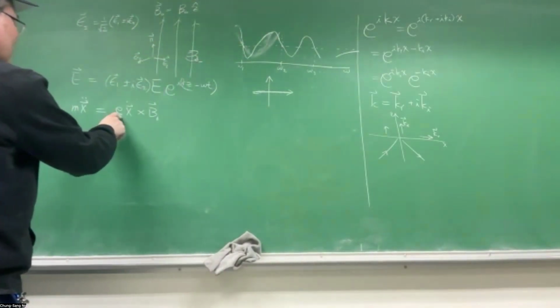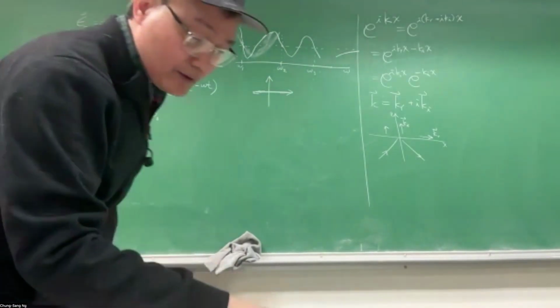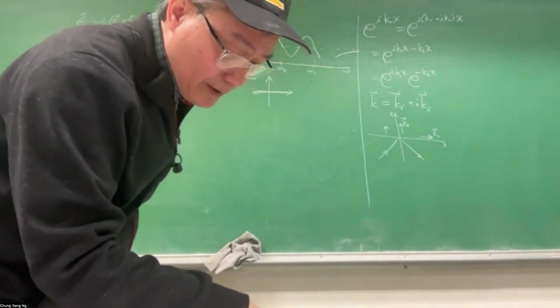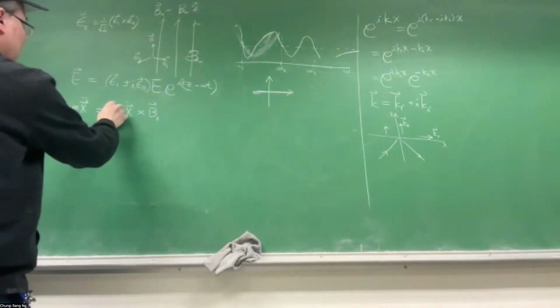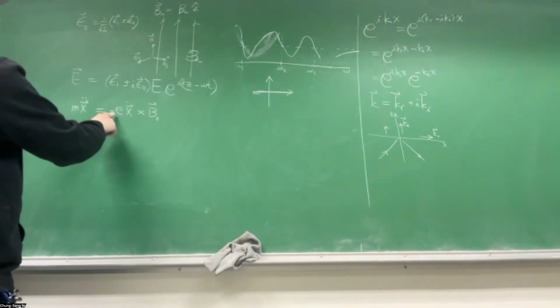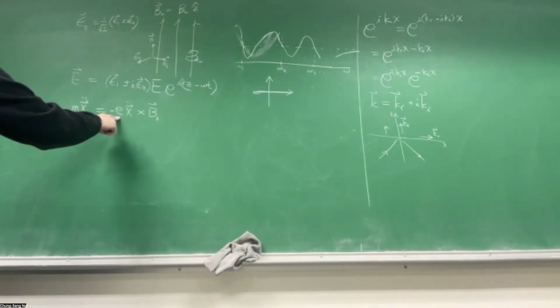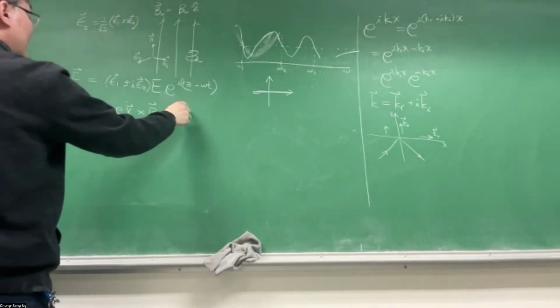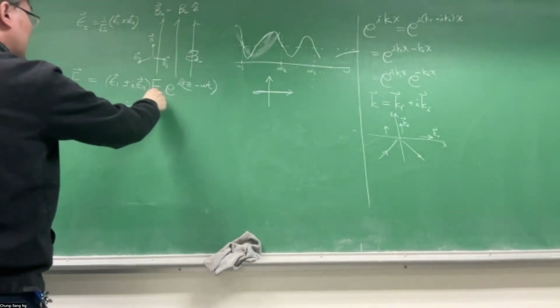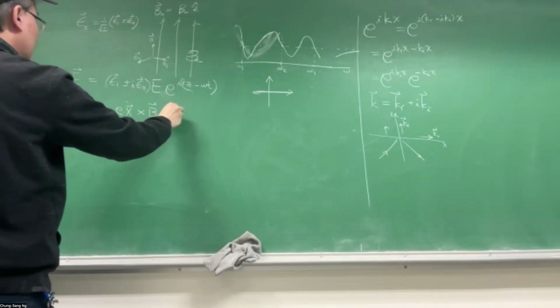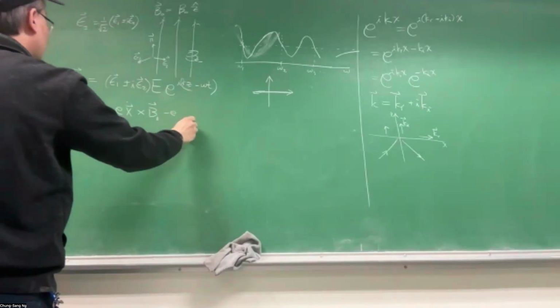Actually, this is an electron, so there's a negative sign for the electron. Negative e is the charge, e is assumed to be positive. And likewise, you have the electric field term, minus e times the electric field.